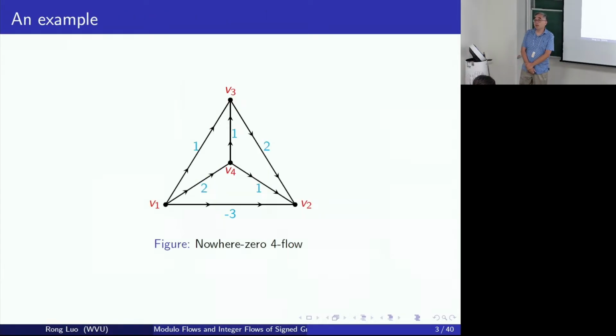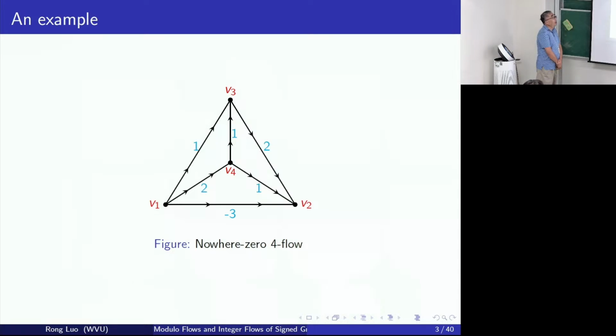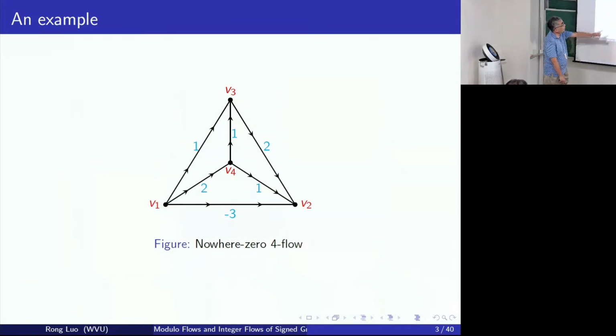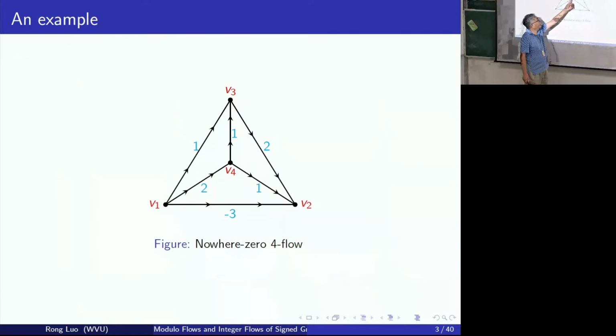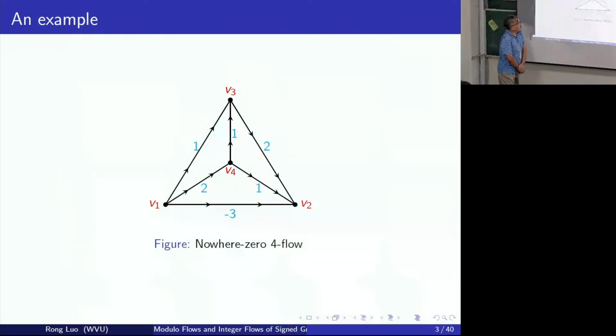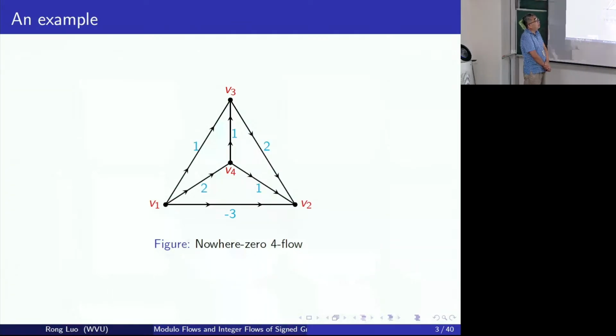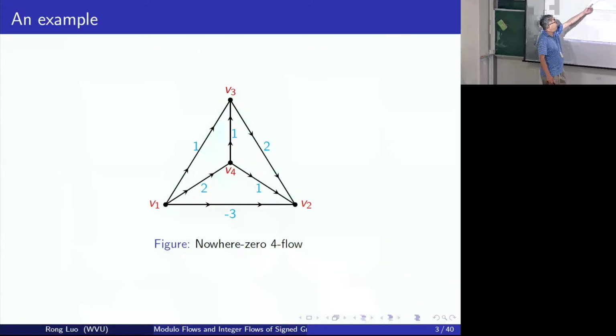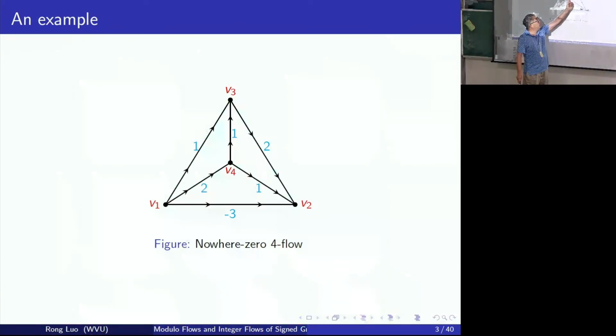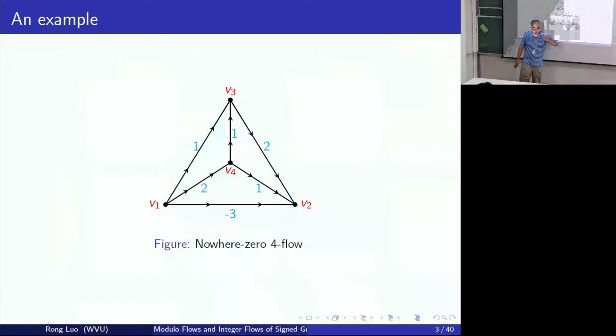Let's look at the example here. This is K4. At the center vertex v, we have two edges oriented out, so the total outflow is 1 plus 1, which is 2, and one edge oriented in, so the inflow is 2. Inflow is 2, outflow is 2.